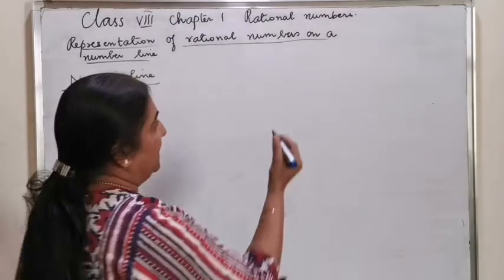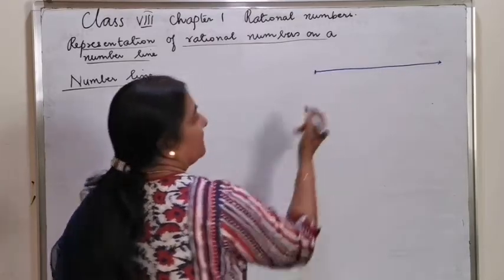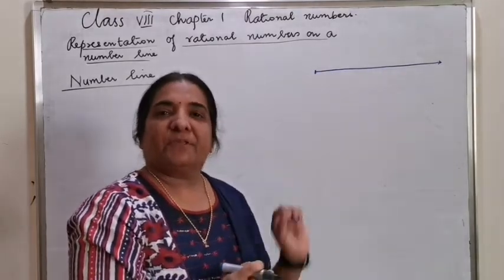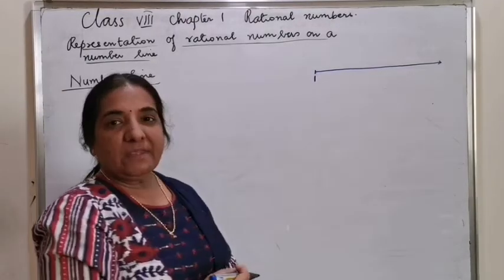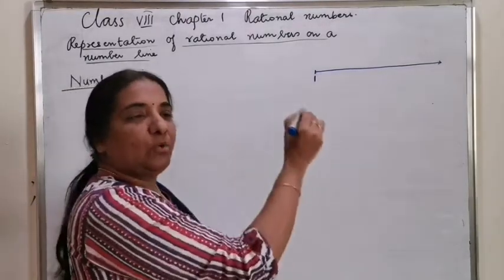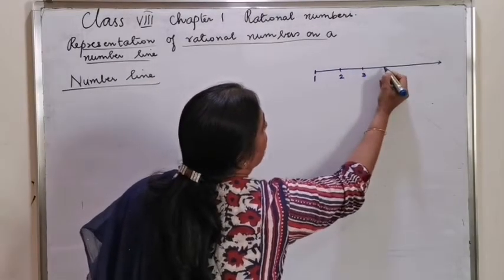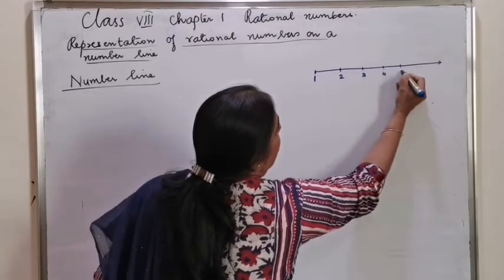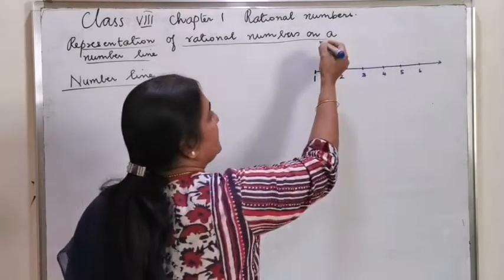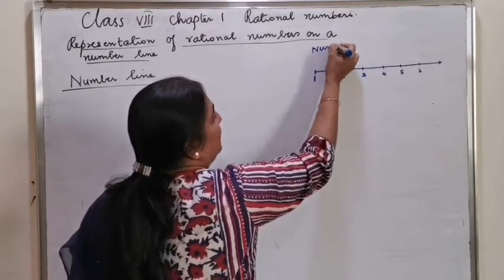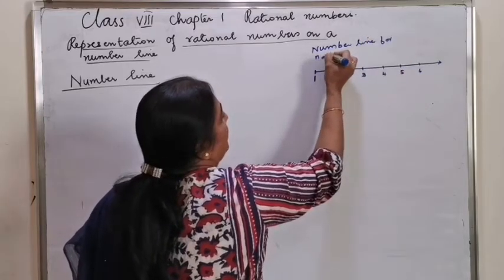If you consider a straight line and fix one of the points as 1, and at equal distances you plot numbers, this will represent a number line for natural numbers.